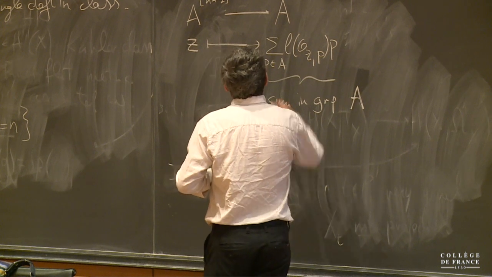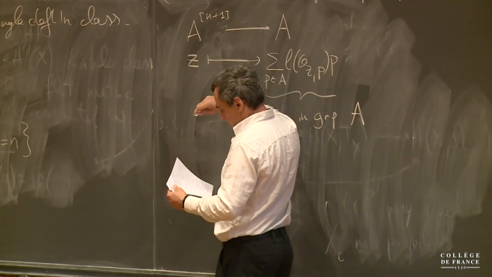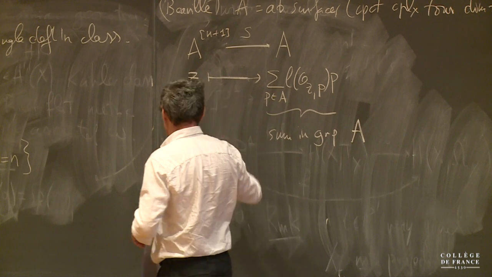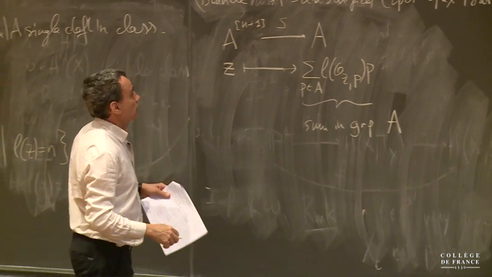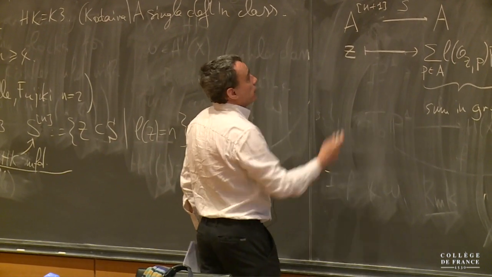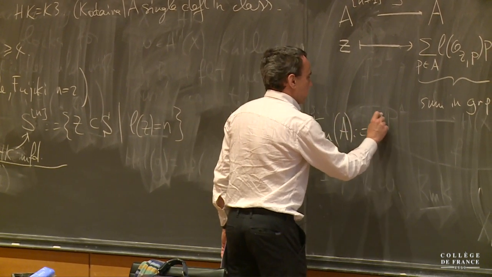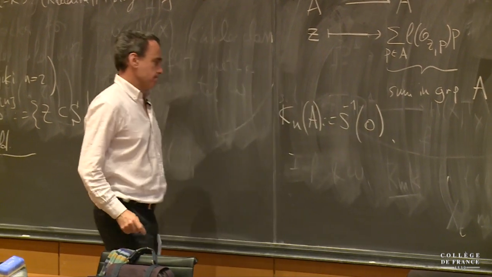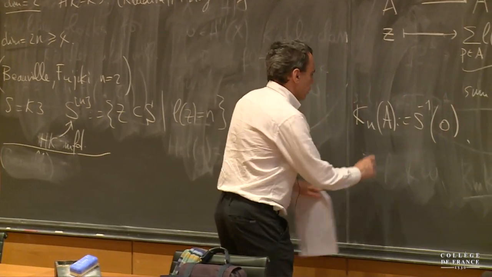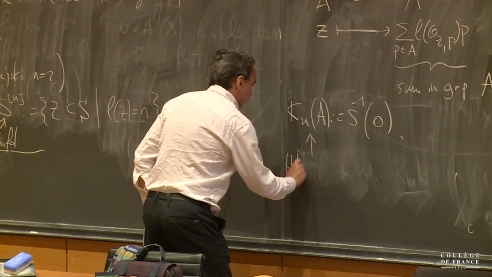And this is a locally trivial fibration in the classical or étale cohomology. So you look at any fiber, for example, the fiber over 0. And he showed that this is a Hyper-Kähler manifold.